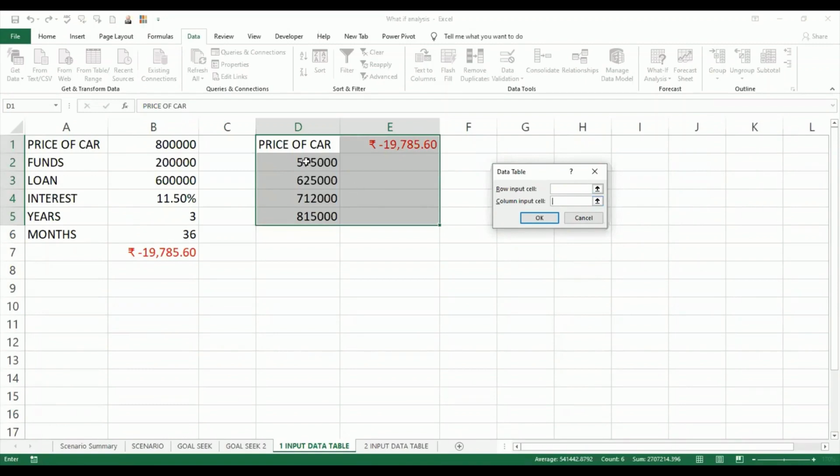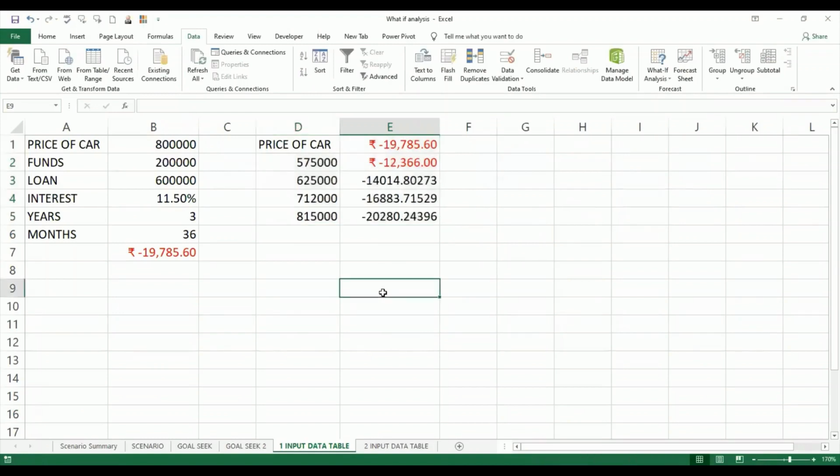So my column input cell is linked to cell B1 because that's the price of the car. There you go. You can see all the EMIs have come. See how amazing it is.